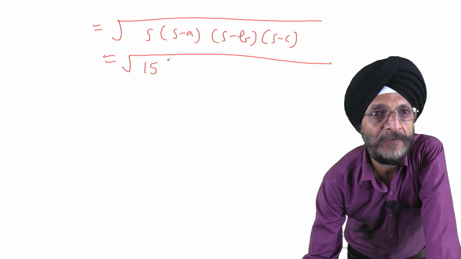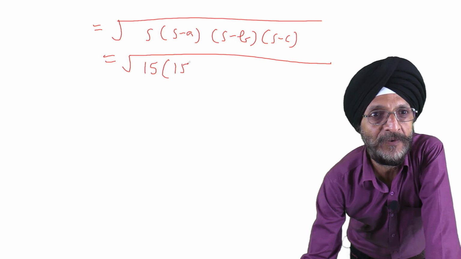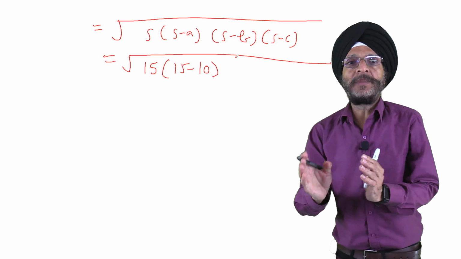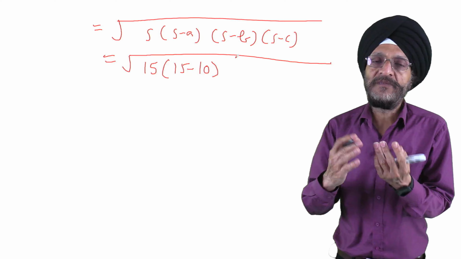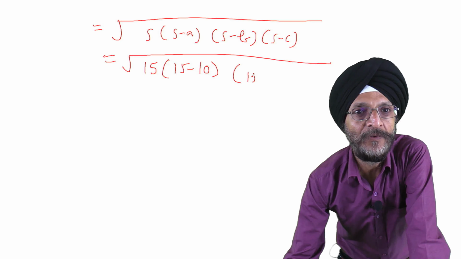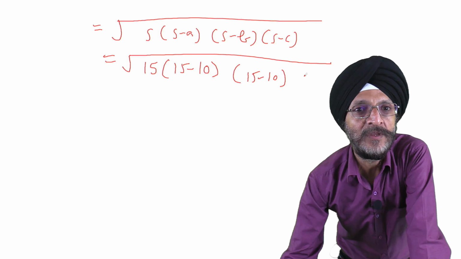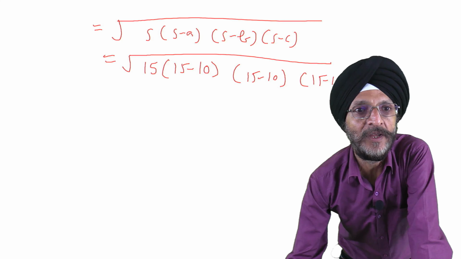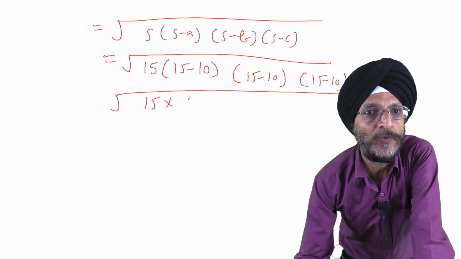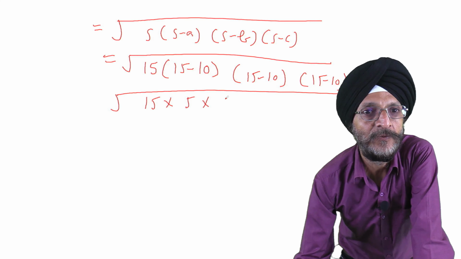It is 15. 15 minus, what is the value of a? The values of a, b and c are 10. And the value of s is 15. So 15 minus 10, 15 minus 10. 15 into 5 into 5.